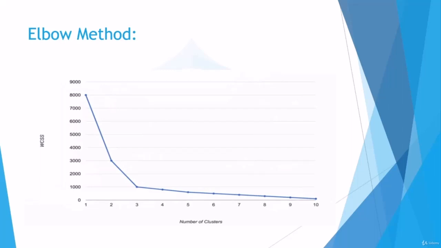So we can see here that 3 clusters will be our optimal choice, and you can also see that this plot looks just like an elbow. So you have to choose the point where the elbow is.